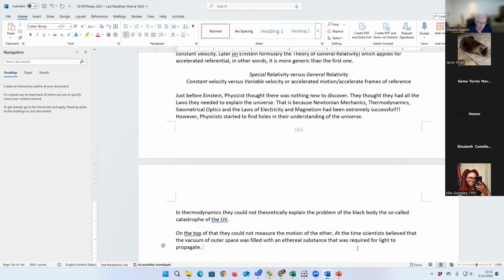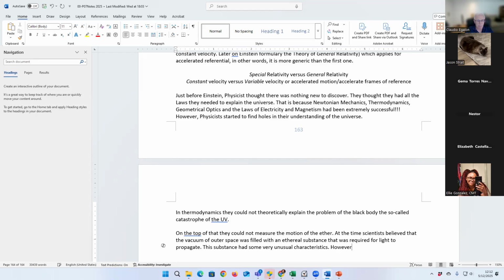And this substance had some very unusual characteristics, okay?